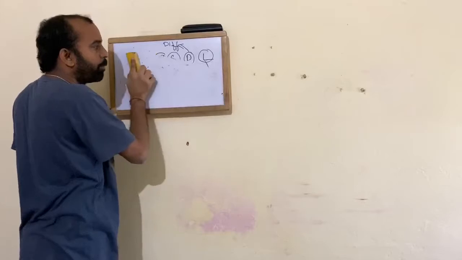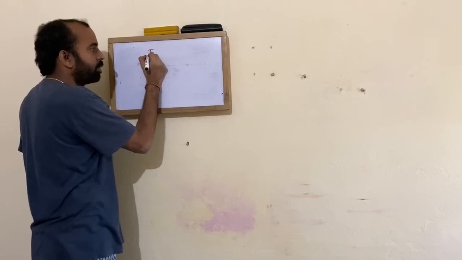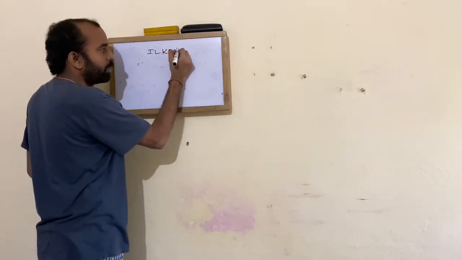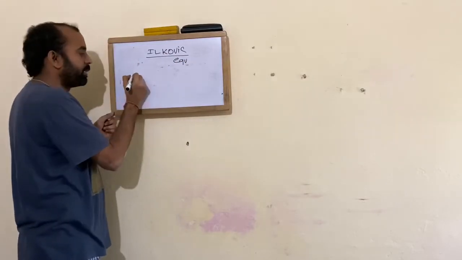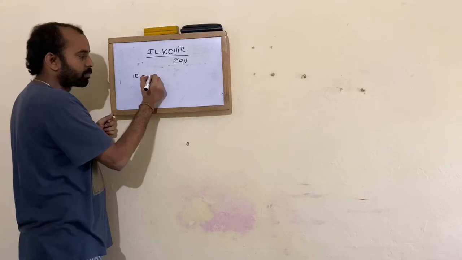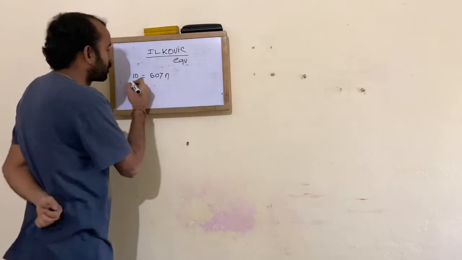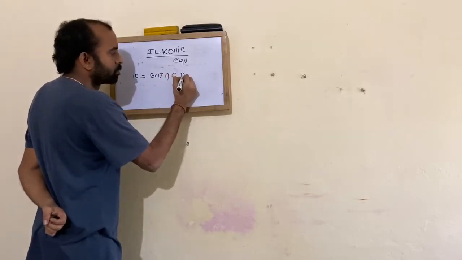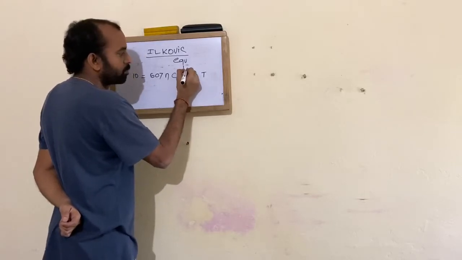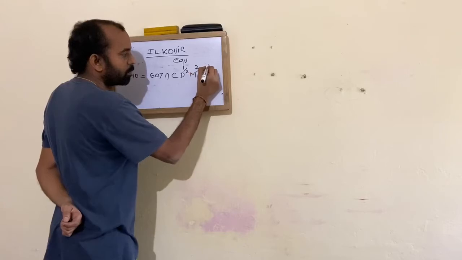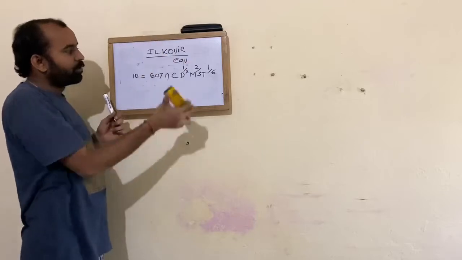So the whole polarography is explained by the Ilkovic equation. So again I'll tell you how to remember this equation, very simple. So here I am simply remembering the equation, that is the Ilkovic equation.